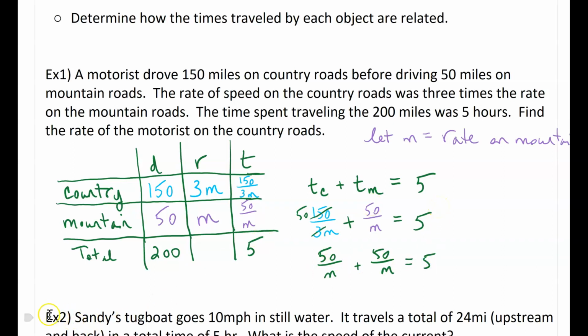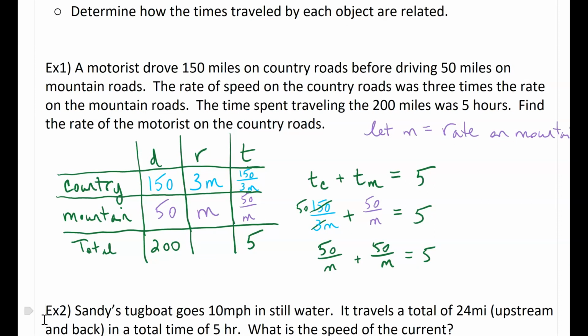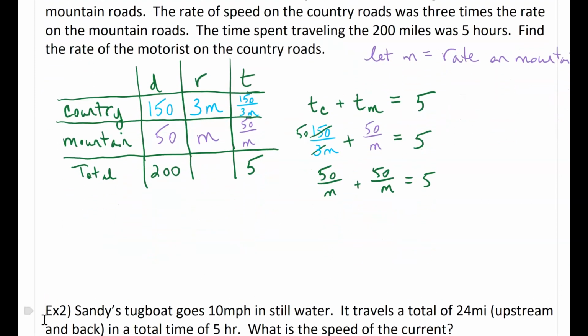And now we have a common denominator that we didn't have to create. So now we get 100 over m is equal to 5, which means 100 is equal to 5m. Therefore, m is equal to 20.